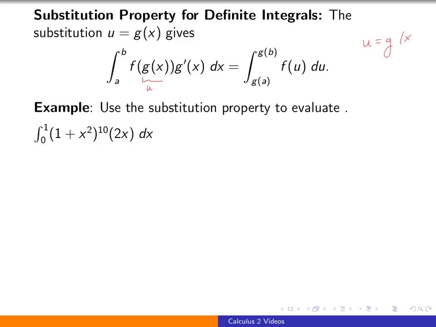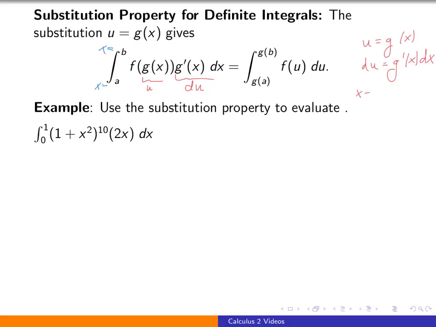So if u is equal to g of x, du, once again, would be g prime dx. And in our original integral, our limits of integration are going from x equals a to x equals b. So what we need to do is think about changing those limits of integration.